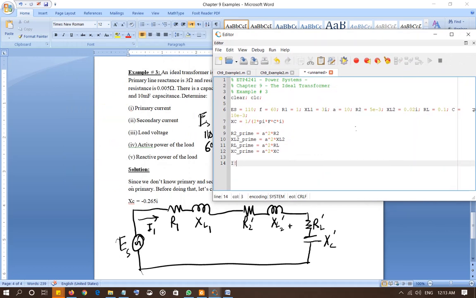We can apply Ohm's law with ES divided by R1 plus XL1 plus R2 prime plus XL2 prime plus RL prime plus XC prime.